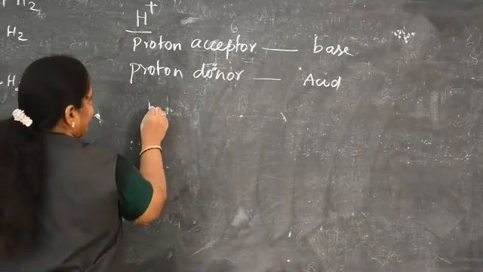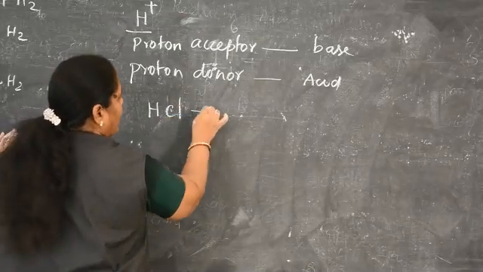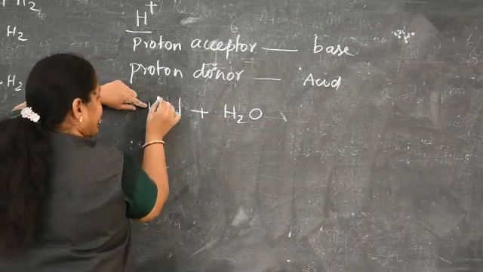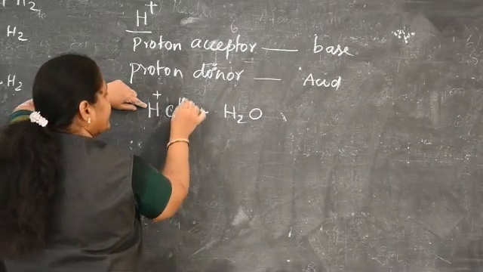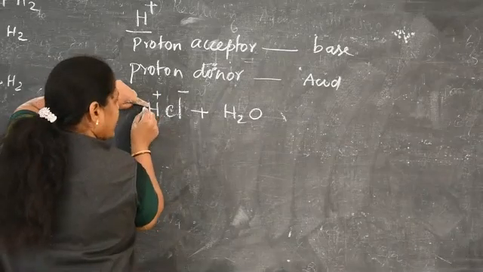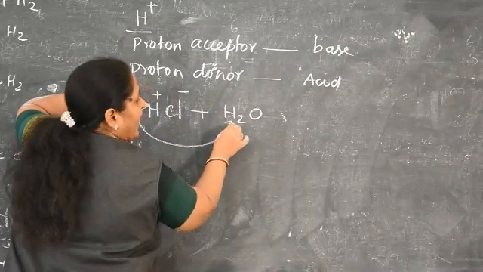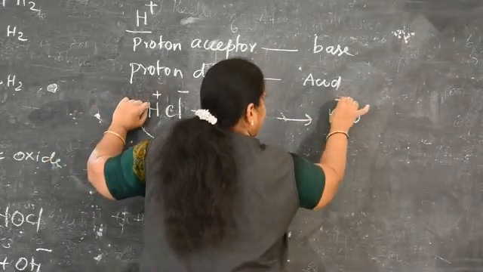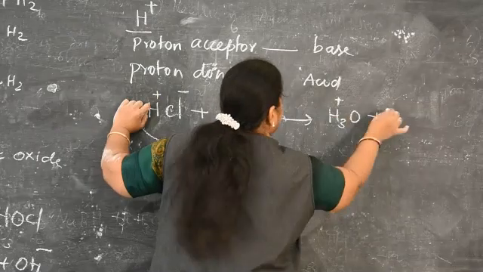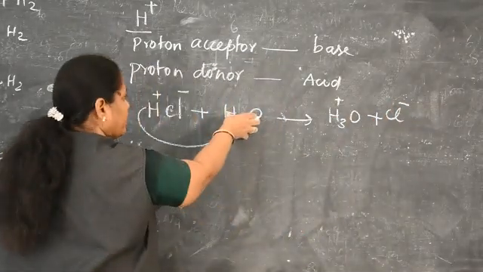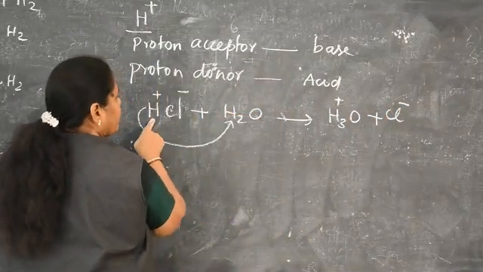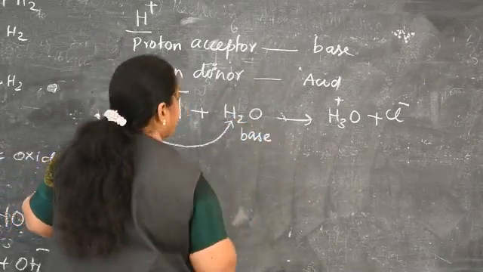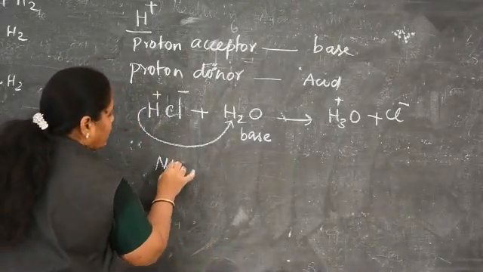Now, let us consider HCl combined with a water molecule. It is an acid. It dissociates into H plus and Cl minus. The H plus ion is accepted by H2O and converted into H3O plus, with Cl minus. So here the water molecule accepts an H plus ion from the acid; that's why water acts as a base. Let us consider the ammonia molecule.